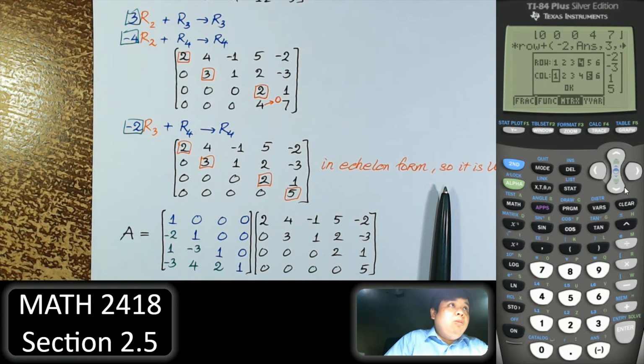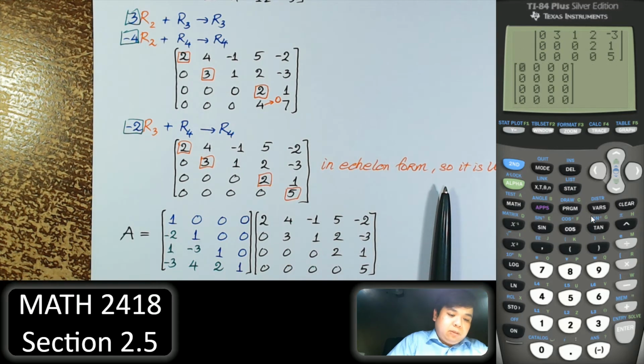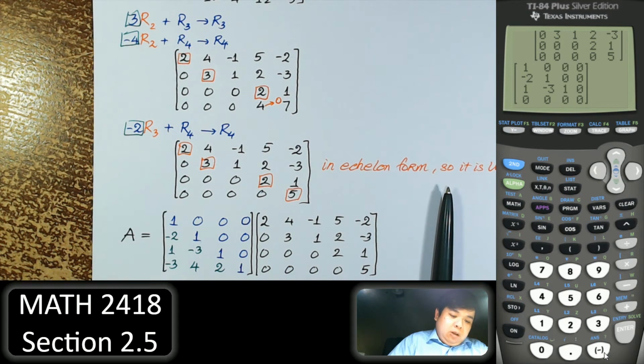I'm using the matrix L. 1, -2, and 1. 1, -3, and 1. -3, 4, 2, and 1. Now, what is U?